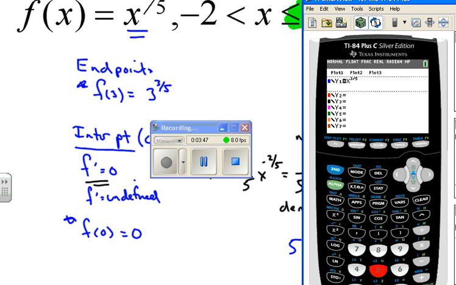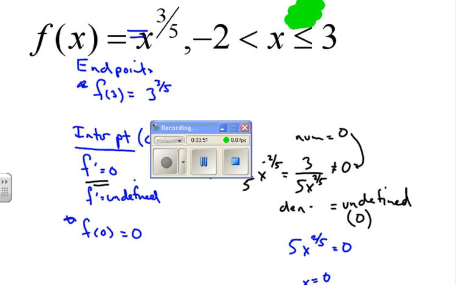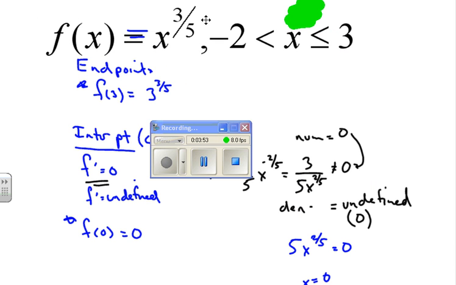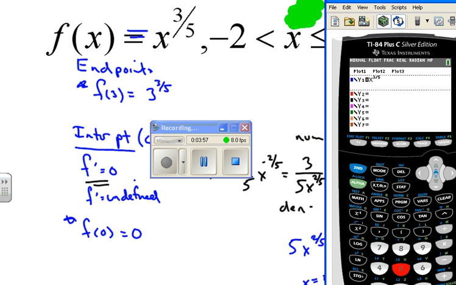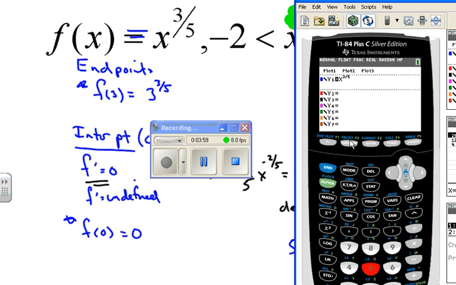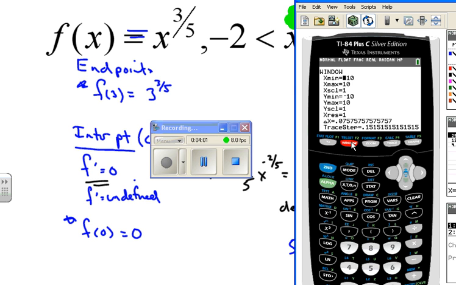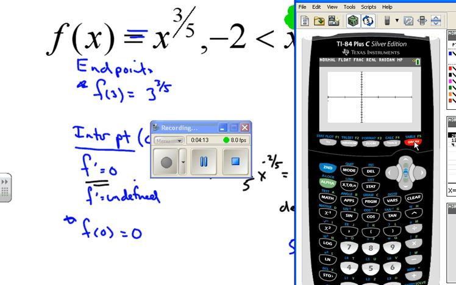What we want to do is take this function and find out what is happening here. We're only taking the interval from -2 to 3. So I'm going to go to my window, go from -2, and plot only to 3. I'll graph this right here, and you can see what's happening.